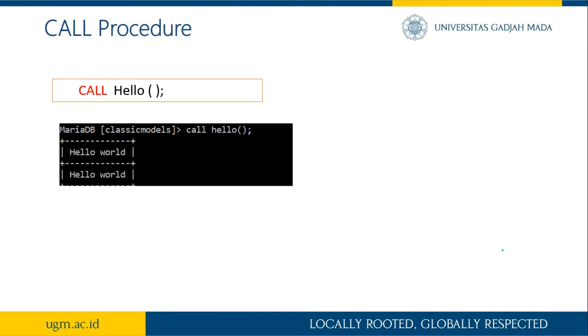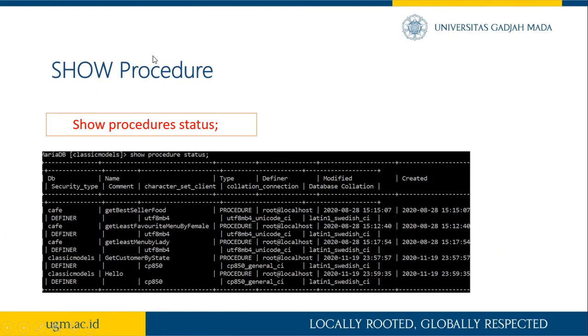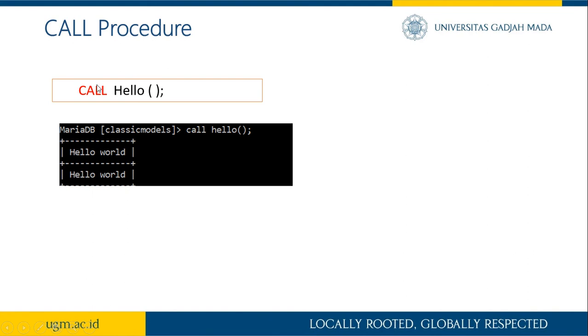Now, how to call or how to use the procedure. To use the procedure, we use the keyword call. Call followed by the name of the procedure. Call hello. The result will be like this one, but we will do the practice.